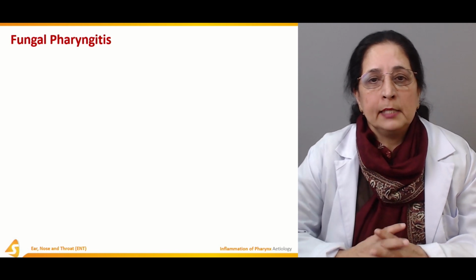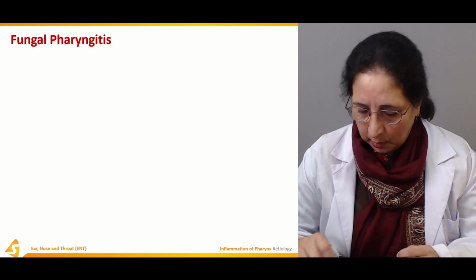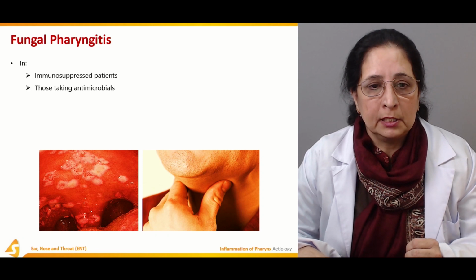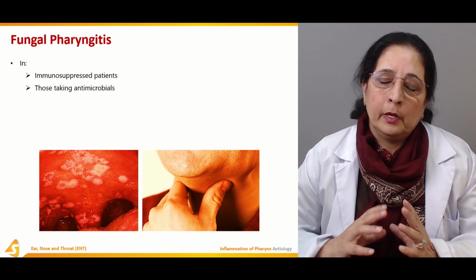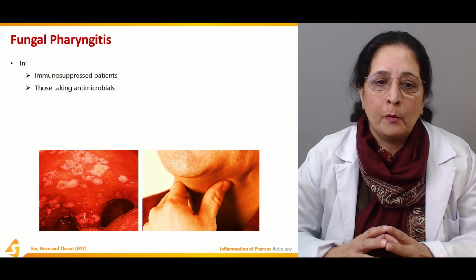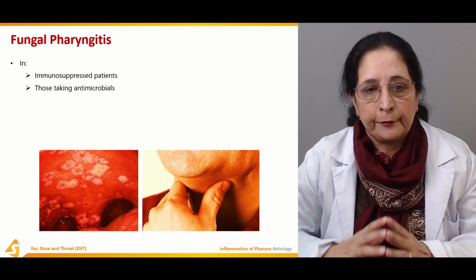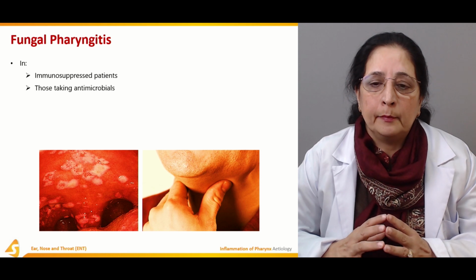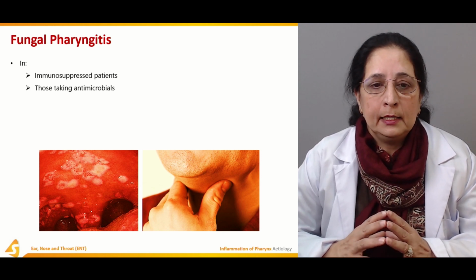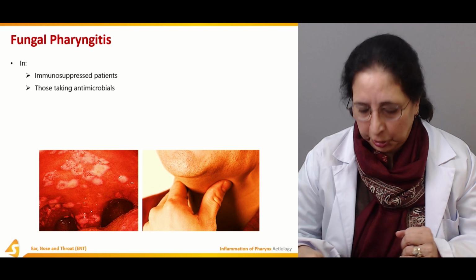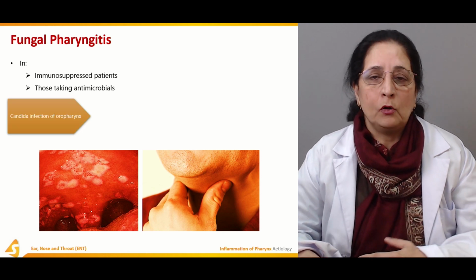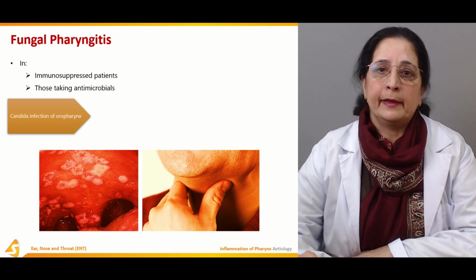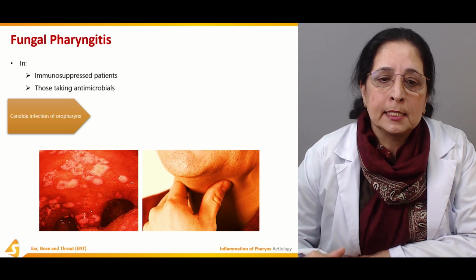Some pharyngitis is caused by fungal infections, and fungal infections are common in immunosuppressed patients and those patients who are on antibiotics. And the Candida infections. Candida is a very common cause of fungal pharyngitis.